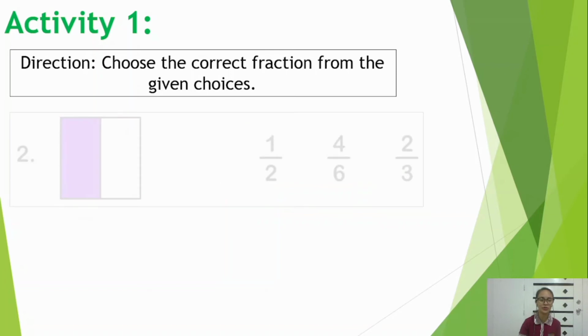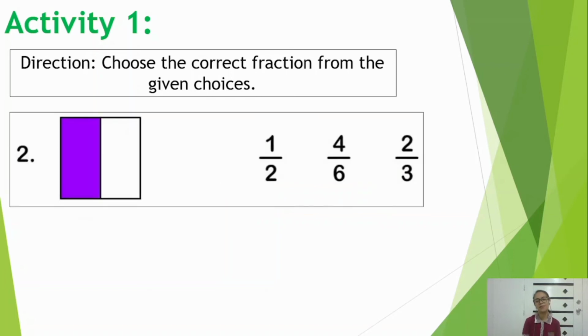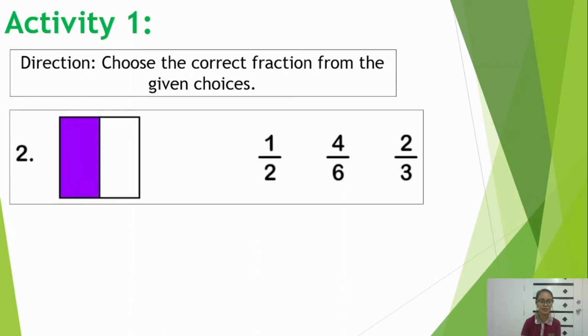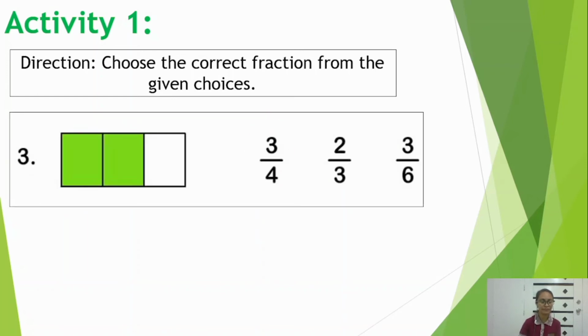So, number 2. Oh, napakadali. Ano? What is our answer? Yes, the answer is 1/2 or 1 over 2. Let us have number 3. So, number 3, our answer is 2/3.